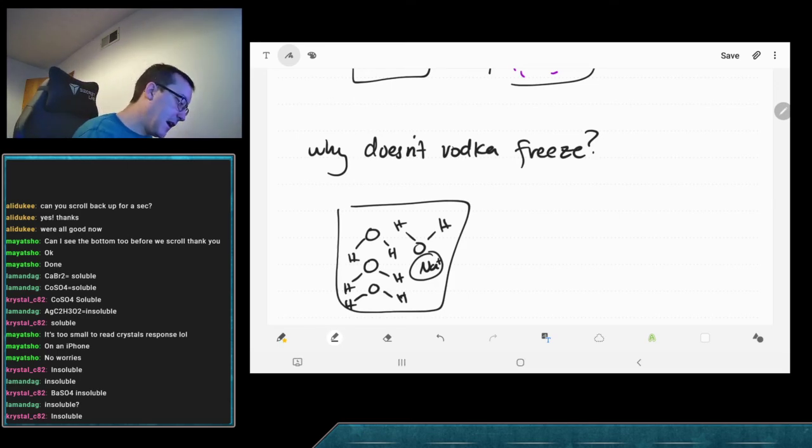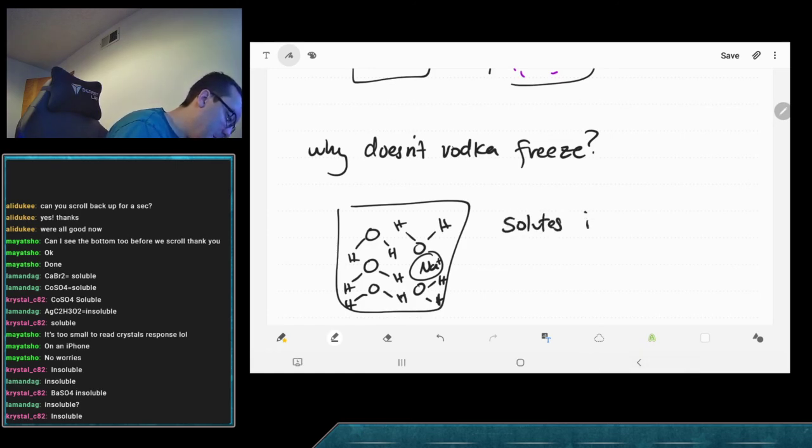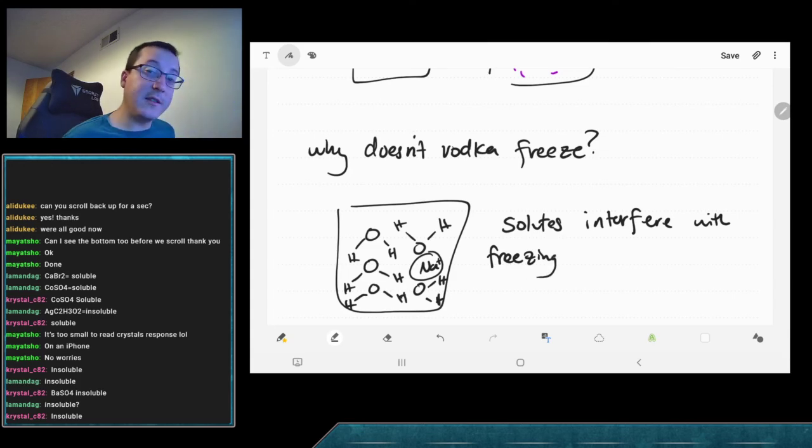It's going to kind of interfere with this crystallization process. So, solutes interfere with freezing. And we're also going to see they interfere with boiling as well.